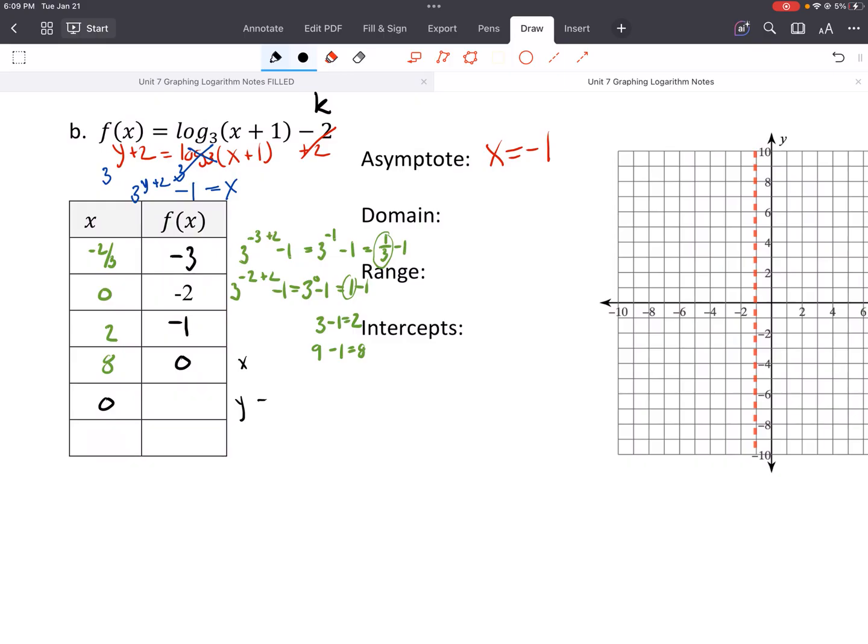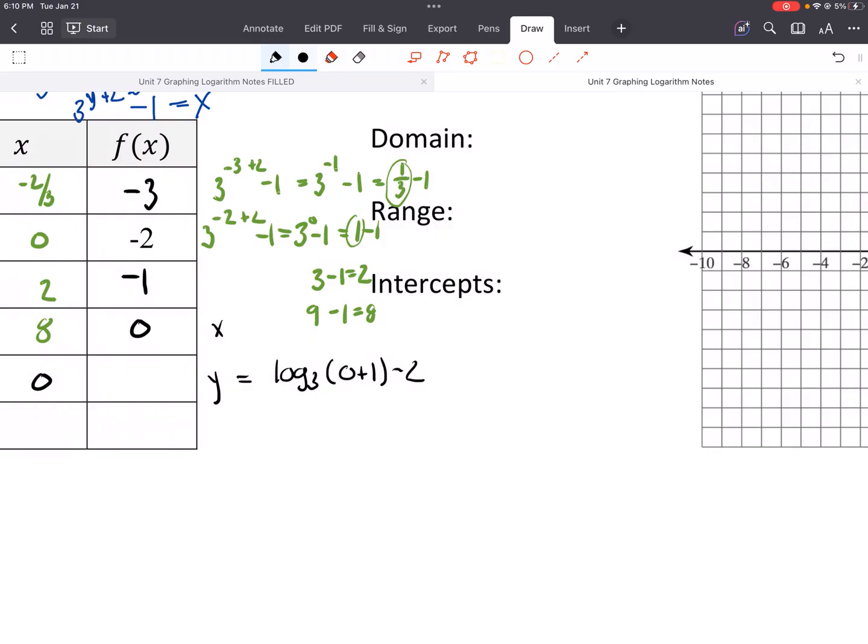So y equals log base 3 of x, which is 0, minus 2. And again, this is saying 3 to what power gives you a 1. So that has to be 0, because 3 to the 0 is 1. And then we would subtract 2, so we'd end up getting negative 2.